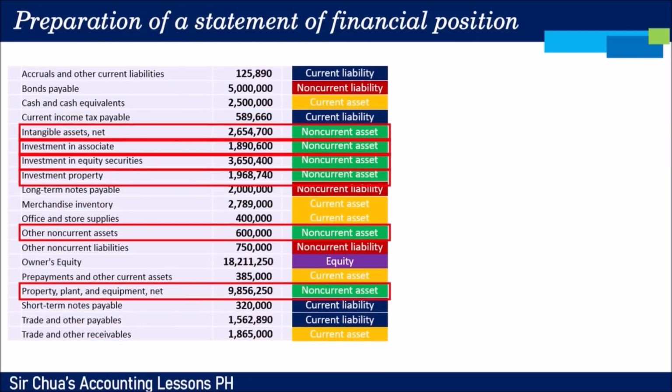Okay, so yan naman po lahat ng ating non-current asset, which is intangible assets, investment in associate, investment in equity securities, investment property, other non-current assets, tsaka property, plant, and equipment. Baka nagtataka kayo bakit merong word na net dun sa property, plant, and equipment, tsaka intangible assets.